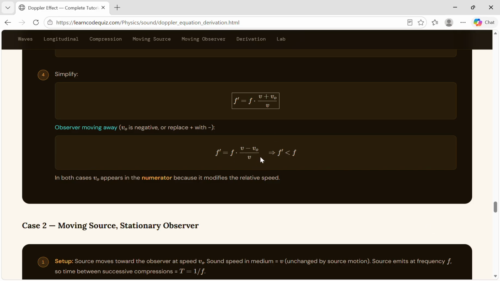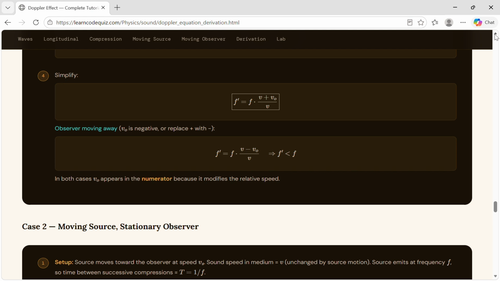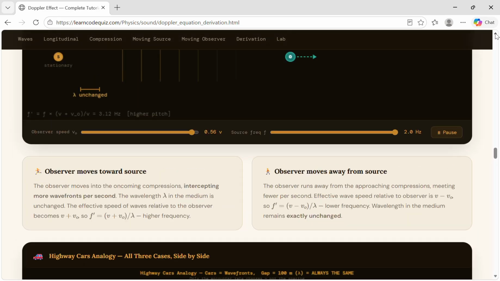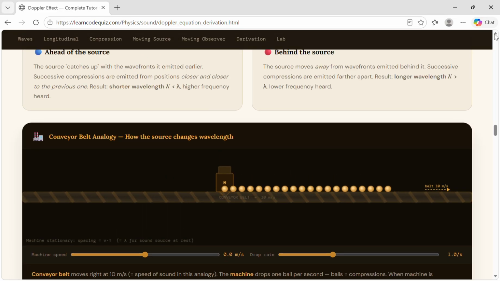So now that part is clear, observer moving towards the source. What about the source moving towards the observer? So let's first try to understand the analogy for that. In this case, where the observer was moving towards the source, the wavelength of the sound was fixed, right?